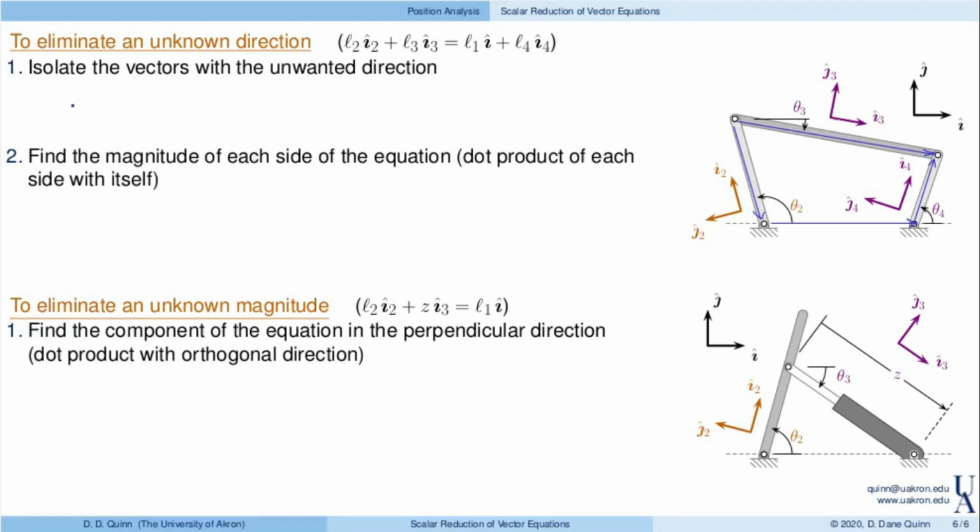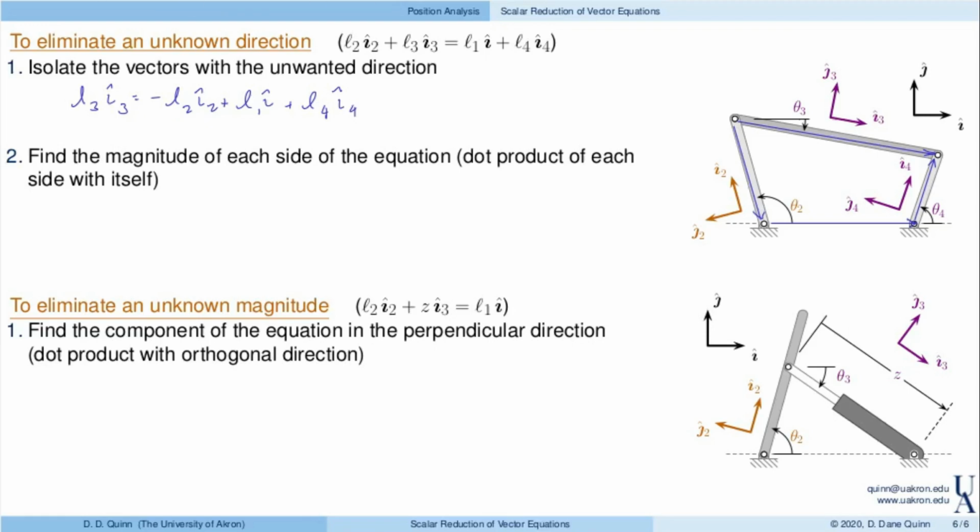So really that amounts to L3 I3 is minus L2 I2 plus L1 I plus L4 I4. So again, I've isolated this unknown direction, and then everything on the right is independent of theta 3.